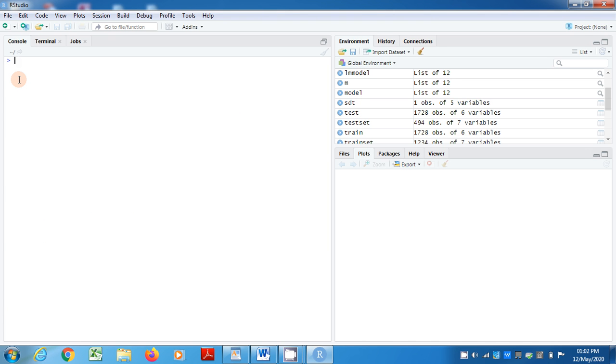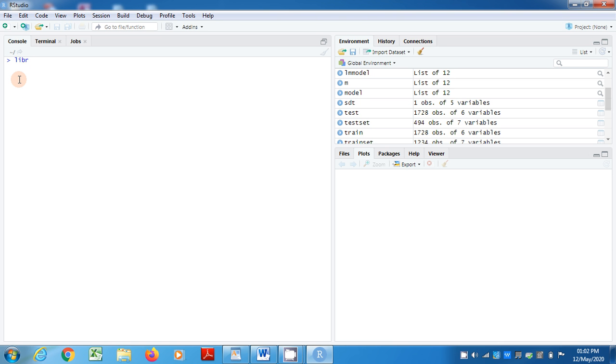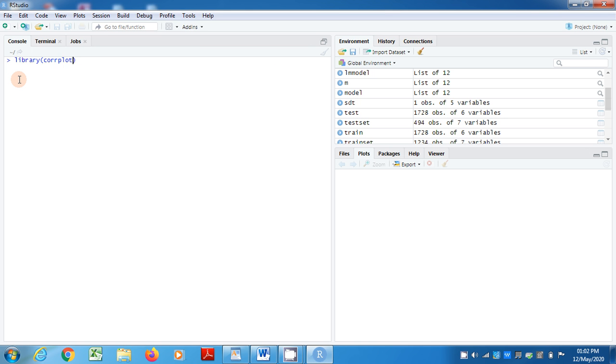I already installed it, and now what I am doing here is library corrplot. You can see that I'm loading that package.